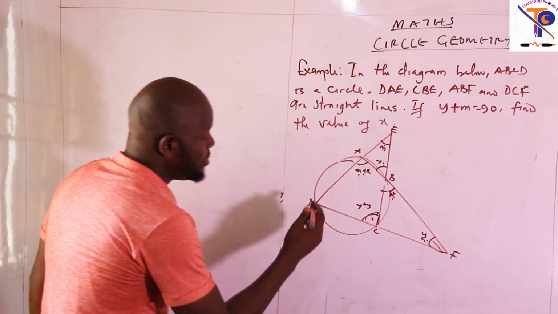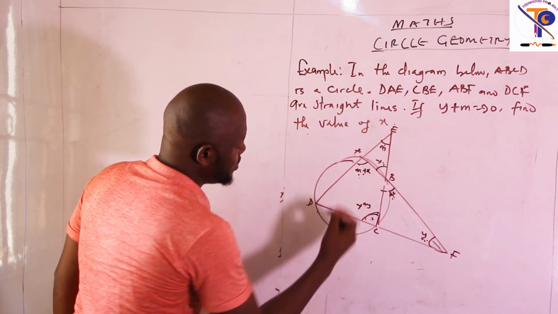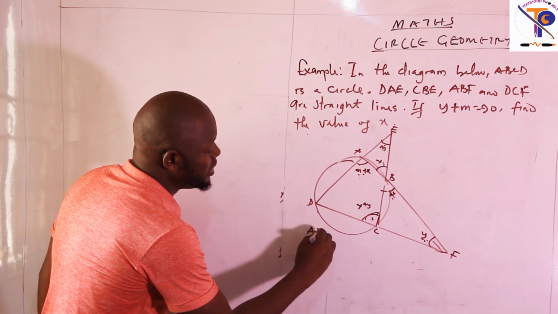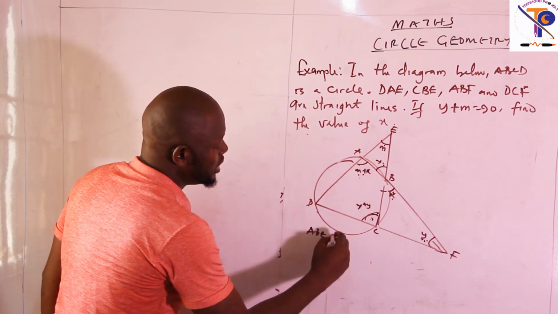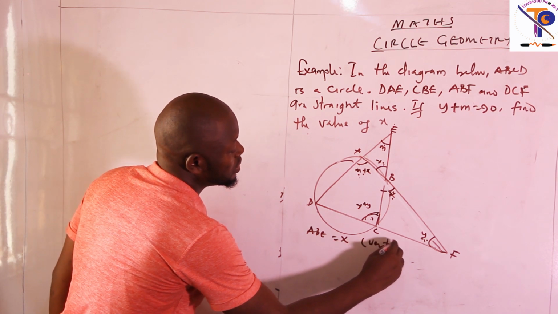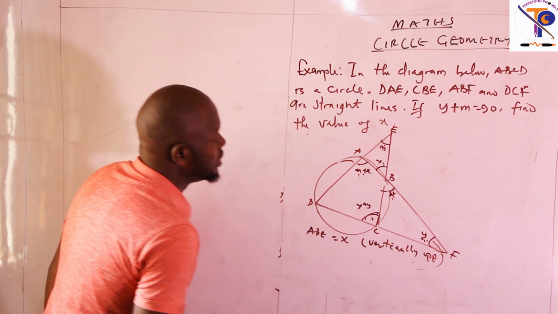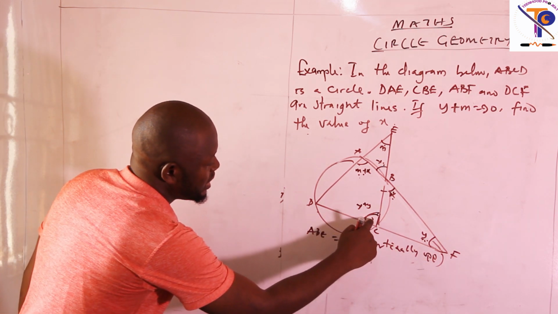So from here, let me write. Then this angle ABE is equal to x. Why? Vertically opposite angle. And I label this one.